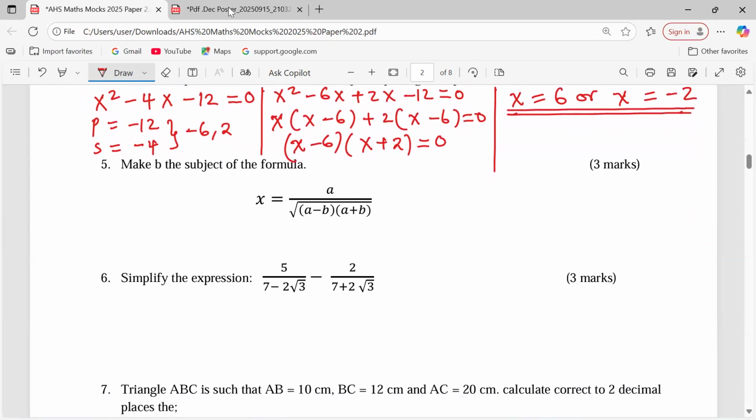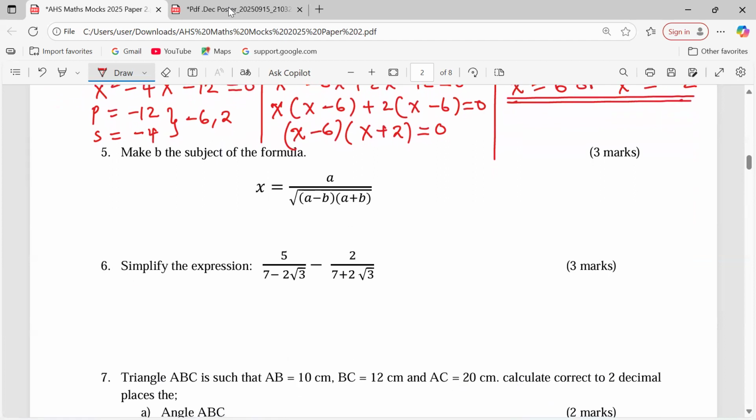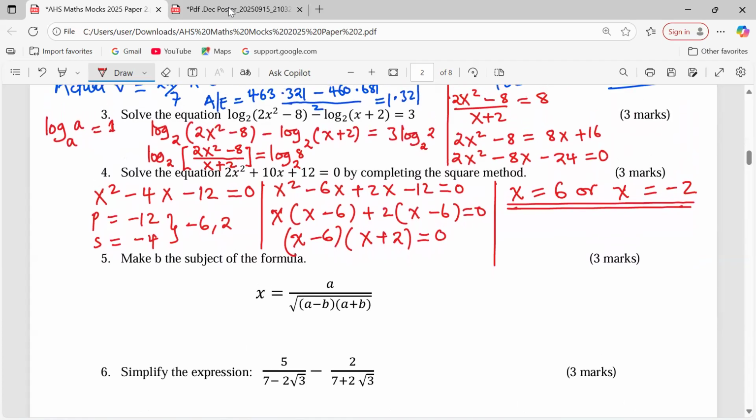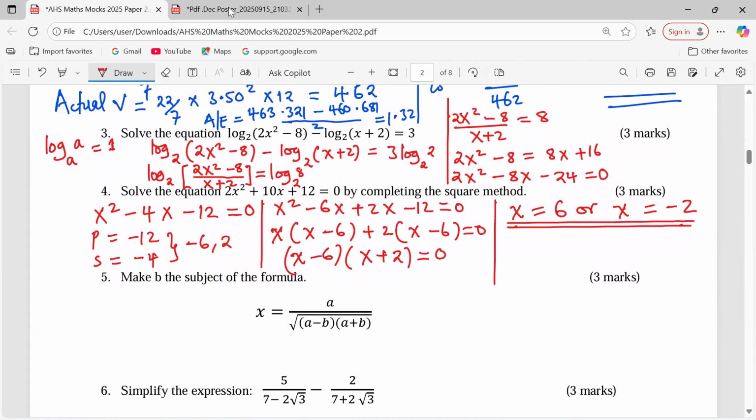Before number 5, sorry, because of the space that I'm trying to manage, I've skipped number 4, whereby we are told to solve the equation by the completing the square method. So let's solve this quadratic equation using completing the square, because we've already written this and you can still take screenshots of the same.